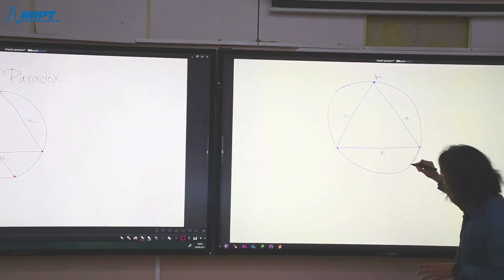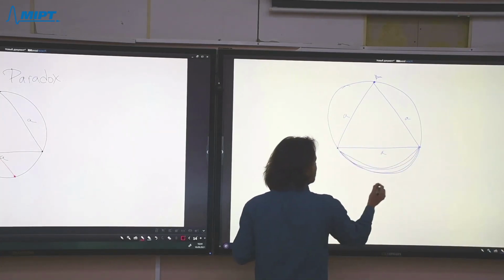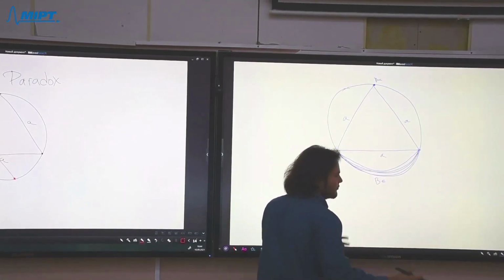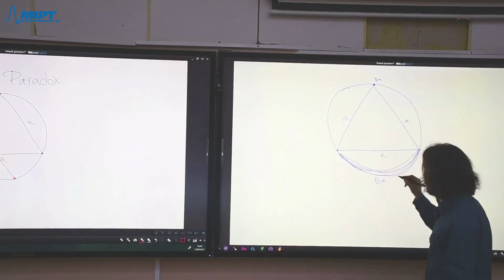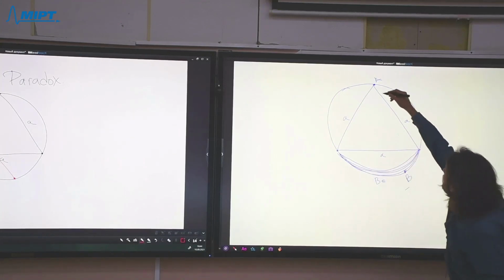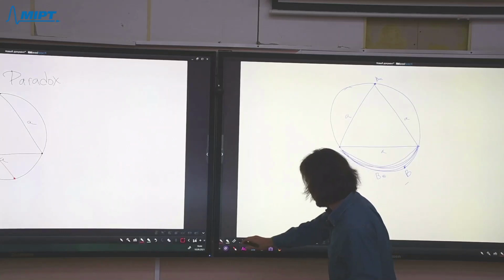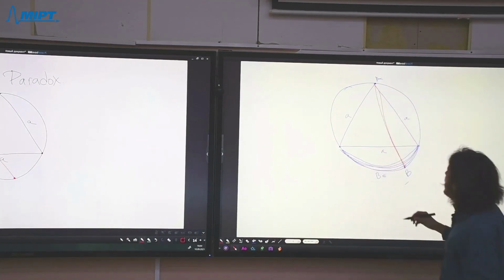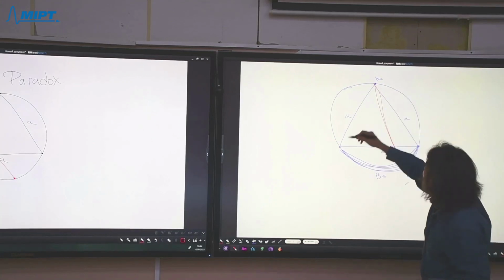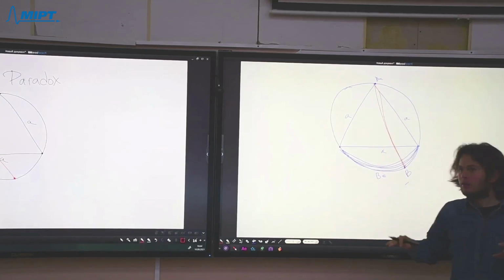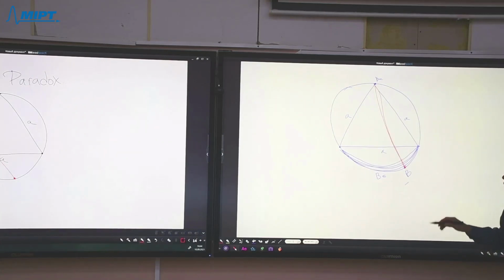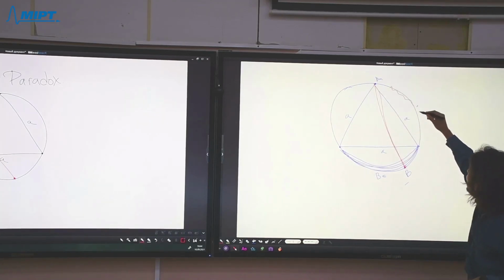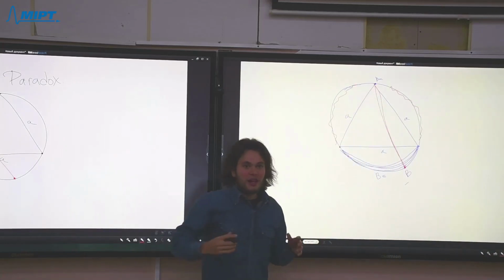If B is over here. So we randomly choose A, then we draw this triangle, and now we randomly pick B. If B is here, then of course the length of the chord is going to be greater than A. But if B is here or over here, then the length is going to be less.